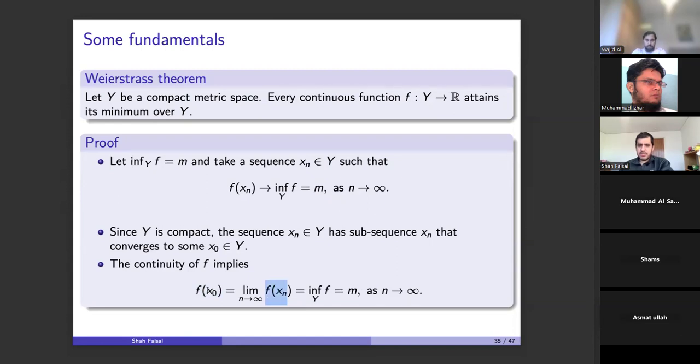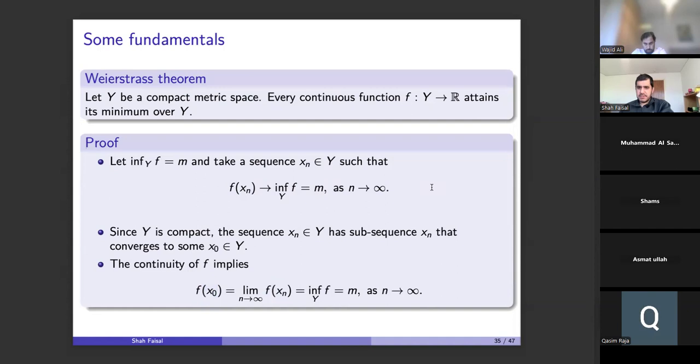But this limit was converging to the infimum, which was m, and therefore the infimum is realized at x naught. Okay, that's the Weierstrass theorem: if you have a continuous function on a compact metric space, then it has a minimizer, a global one.